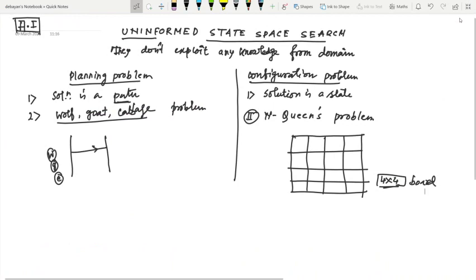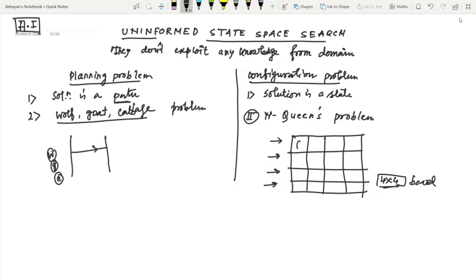So what do we know in the n-queens problem? You have to place a queen in each row. That means each row will contain only one queen, such that no queen is placed in the same column or the same diagonal.